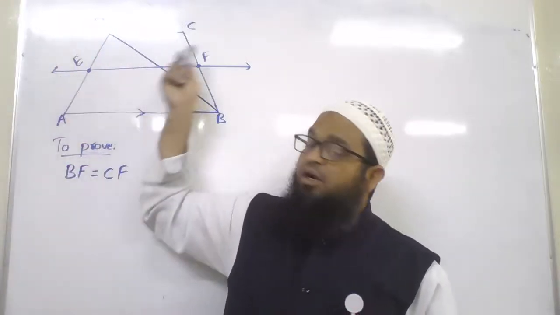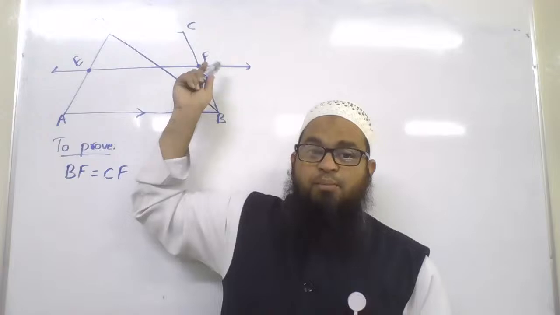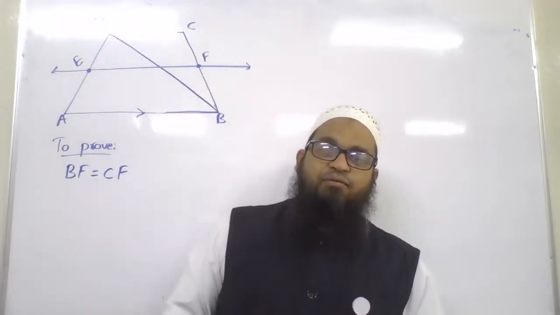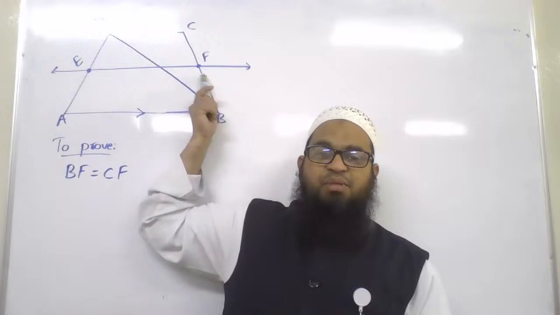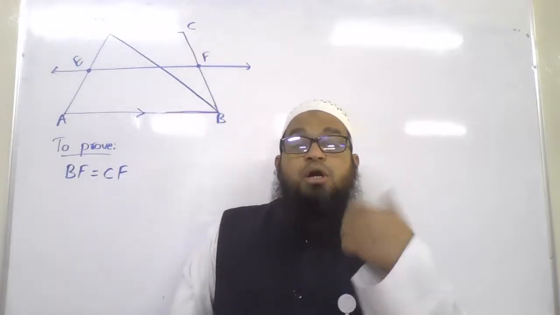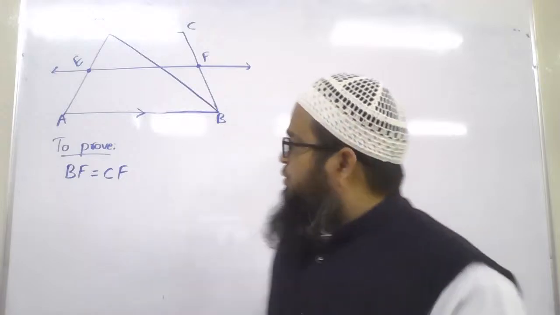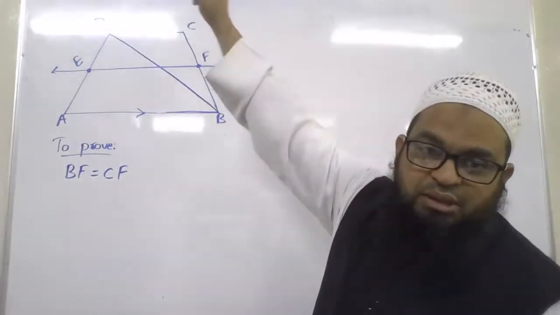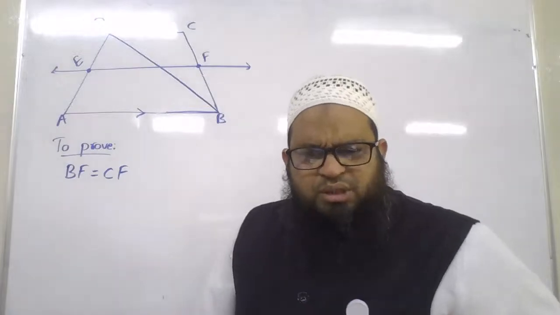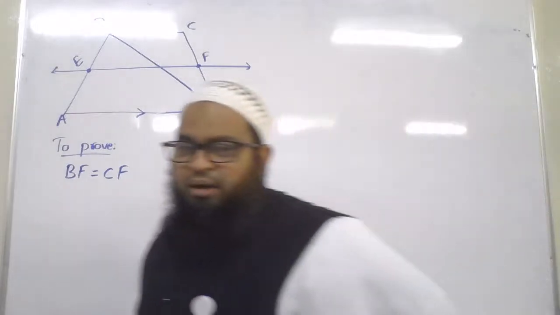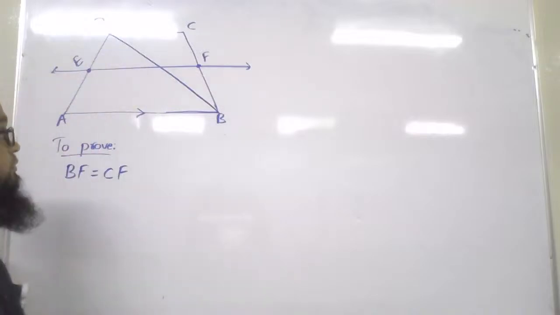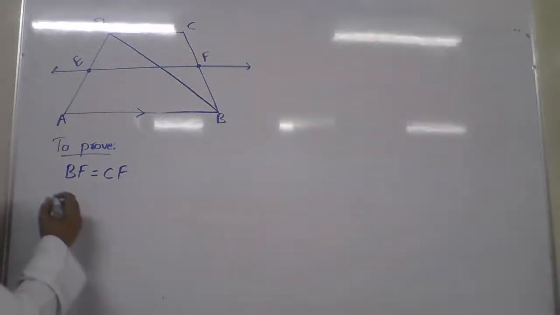A line has been drawn through E bisecting BC at F. Now we have to prove that F is the midpoint of BC. Understood? So in order to prove midpoint, what are we supposed to prove? That BF is equal to CF. Understood? Got it, my dear students? Okay, fine. Now, proof.